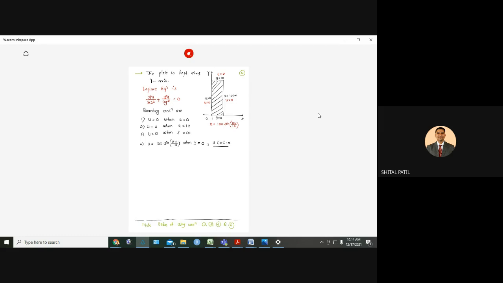So remember, the most general solution is... Okay, so we are at equation number 5. Let me start with the first condition.